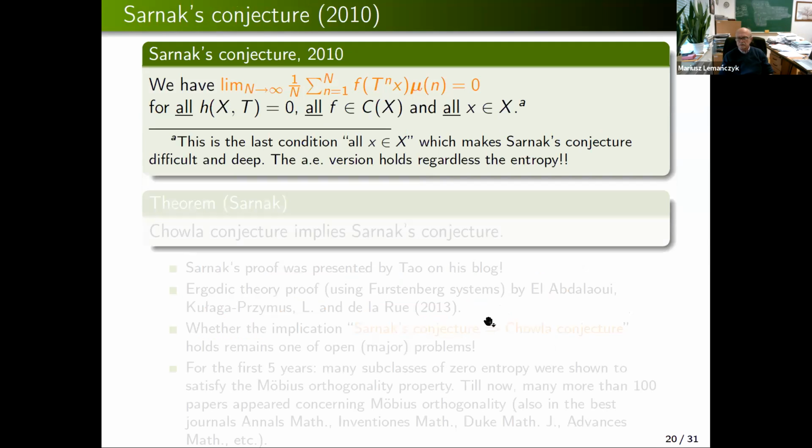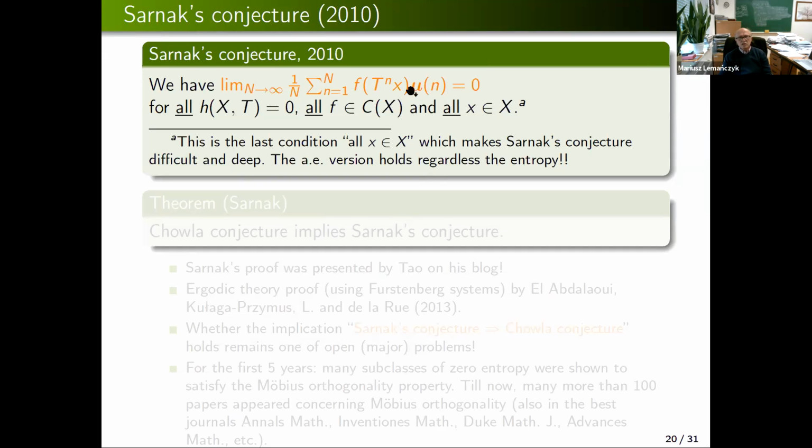So finally we got to Sarnak's conjecture. You remember that when I started, I said that we want, through arithmetic functions or through multiplicative functions, to express randomness of the primes or randomness of multiplicative functions. So here is a way which was proposed by Sarnak 11 years ago.